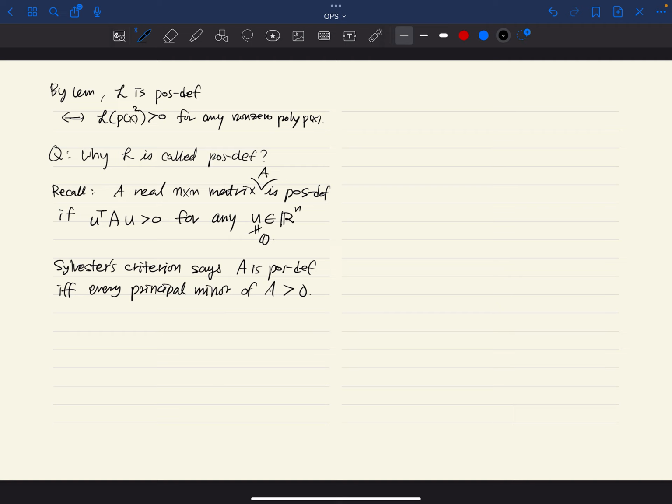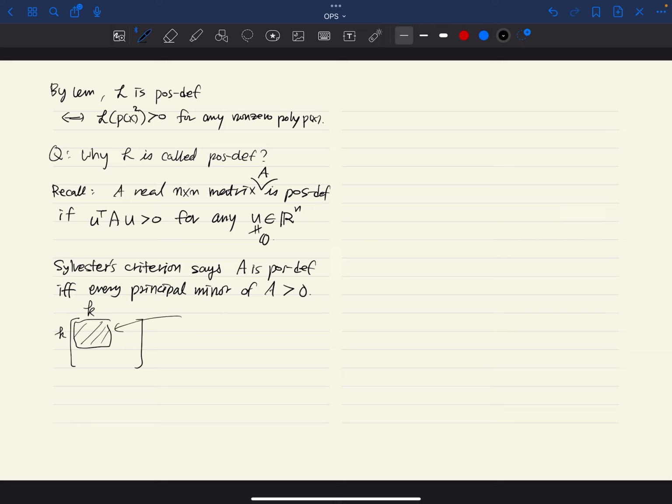Here, principal minor means, I guess most of you already know this, if you have an n by n matrix, you consider any k by k matrix, taking the first k rows and k columns, and take the determinant of this submatrix.